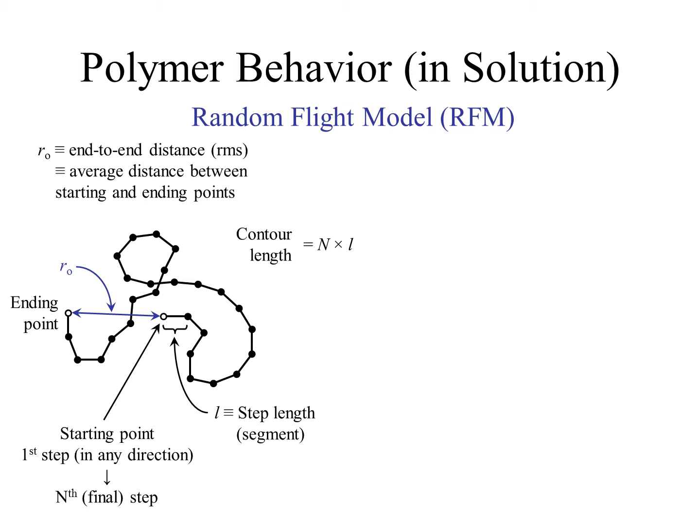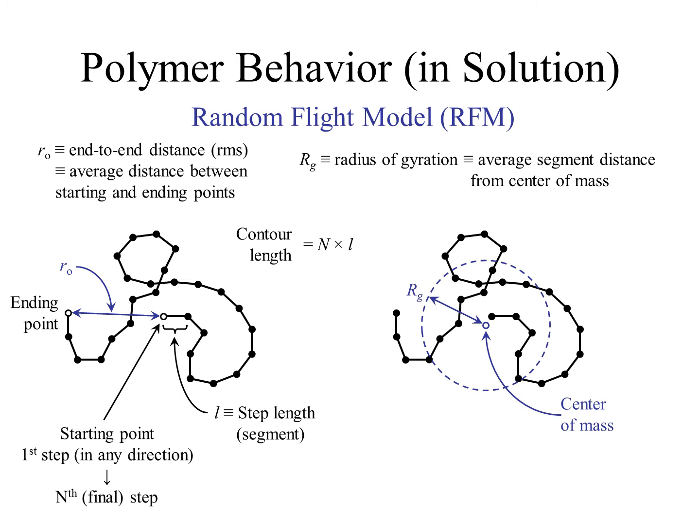The root mean squared refers to how all of the possible steps and all of the possible conformations of a polymer can be averaged and a final r sub naught reported. Essentially, it requires the square of all the possible values, then being averaged and finally square rooted in order to yield a value with regular distance units again. The math is not extremely difficult, but the derivation is outside the scope of this course.